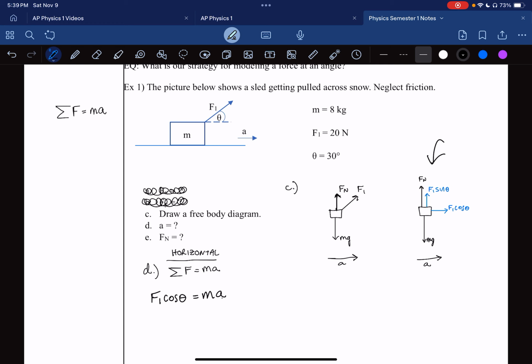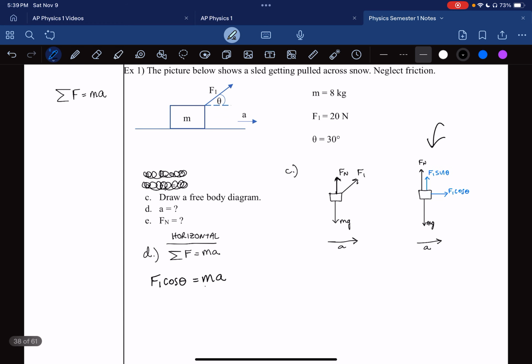And we're trying to solve this for acceleration. So we'll divide both sides by m. And we can just substitute these numbers. F1 is 20 cosine of 30 degrees, and the mass is 8. So we can just type this right in the calculator. Make sure you are in degree mode.